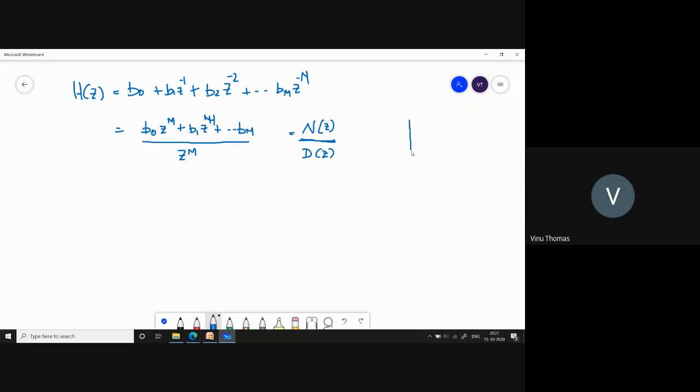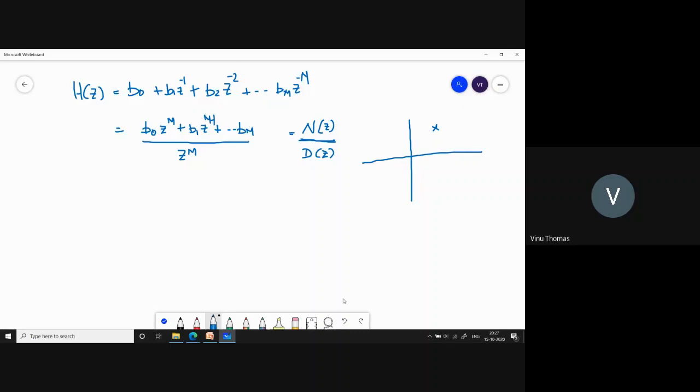So the region of convergence will exclude all zeros. If you have a pole somewhere, then the region of convergence would be outside the pole for a causal sequence. So you are looking at a causal filter here. So the region of convergence should be outside the outermost pole.